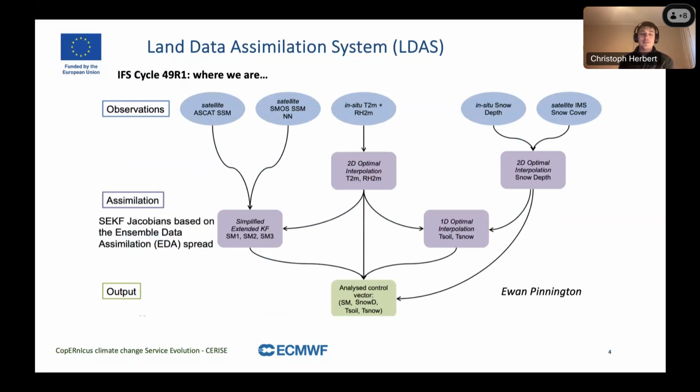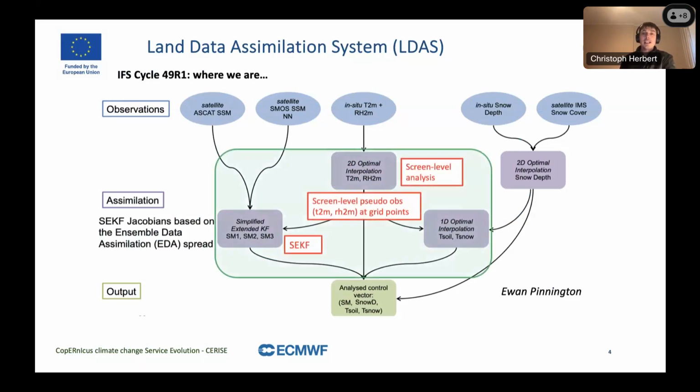it has a certain amount of observations, and it's a myriad of different data assimilation approaches in order to get the updates for our control variables, which is like soil moisture, soil temperature, snow depth, and so on. And I want to just give you, for those who are not familiar, a kind of pre-analysis system here, which is the two-dimensional optimal interpolation, where we use the in situ 2-meter temperature and relative humidity observations and produce a gridded version, which we call the pseudo observations.